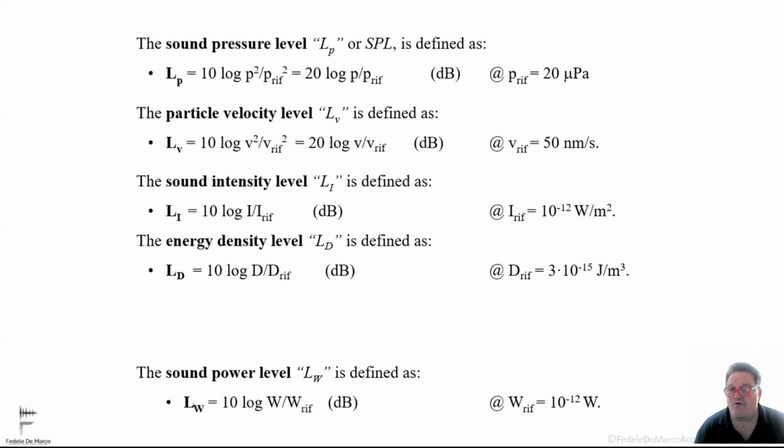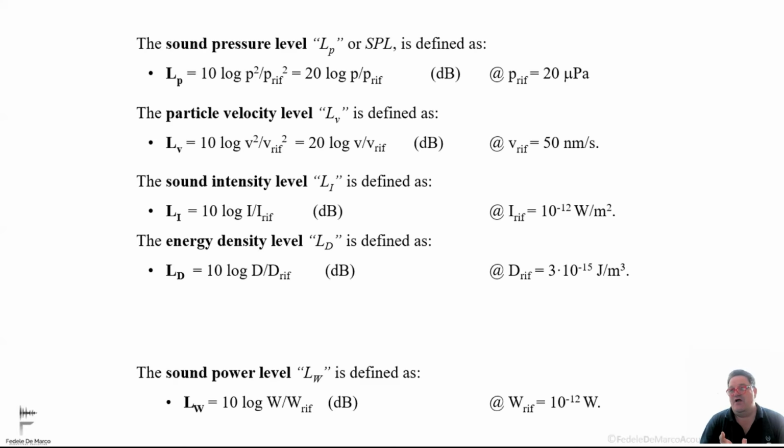For this reason, pressure and velocity, which are not energetic quantities, must be squared in the formula. Instead, intensity, density, and power are already energetic quantities, so they are not squared in the formula. You don't need to square a quantity that is already squared by itself.